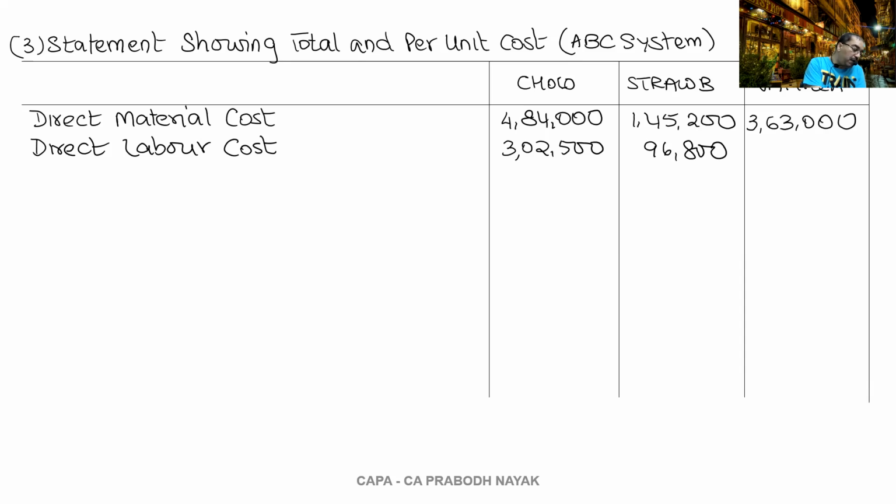And ₹3 per unit into 72,600. It's 2,17,800. Check the figures.